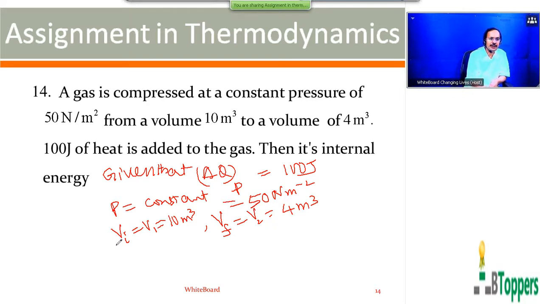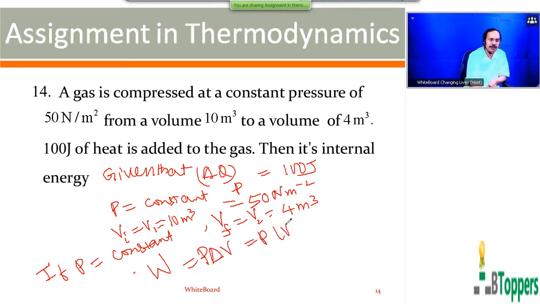For that, we will first calculate the work done. The pressure of the gas is constant, and the work done by the gas when its volume changes at constant pressure is given by P delta V. Delta V is equal to the final volume of the gas minus the initial volume of the gas.